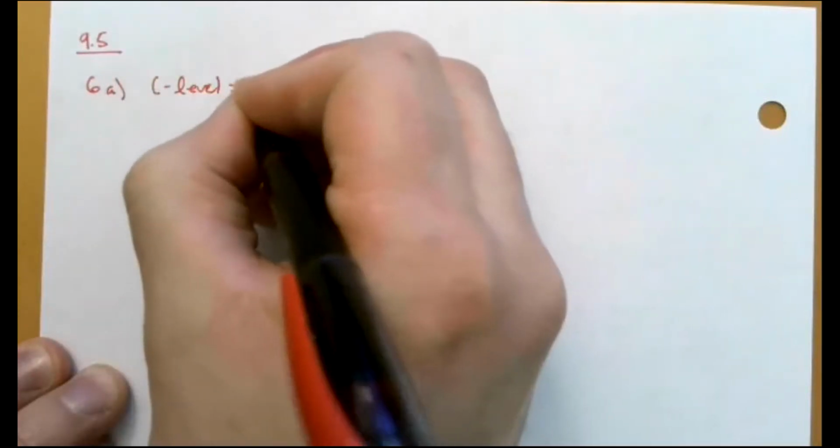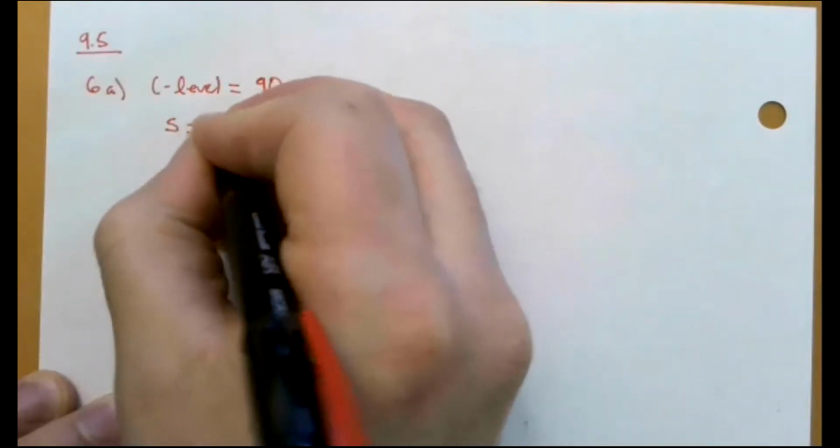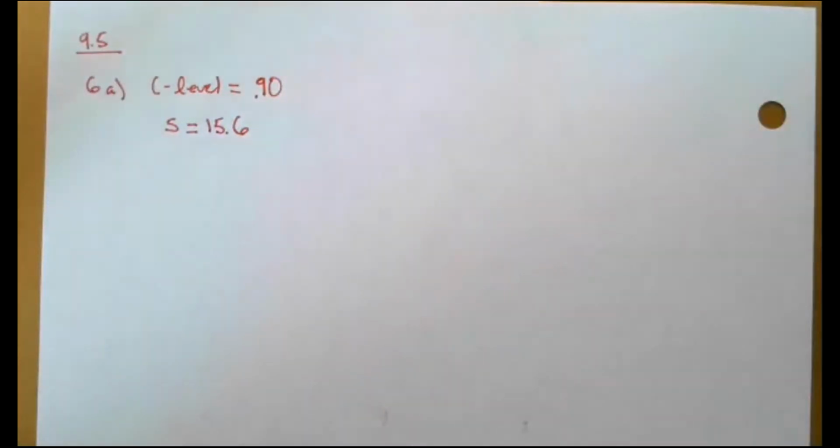This is 9.5 from MyStatLab, number 6, question A. So our C level for the first part is 0.95. Note they said that the standard deviation was 15.6. Oh, did they give us a margin of error?